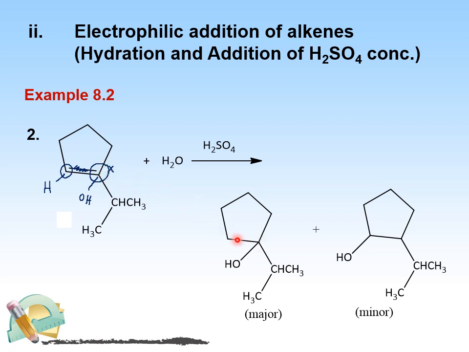And we remove the double bond. The minor product is when OH is attached to the carbon that has hydrogen. And the hydrogen from sulfuric acid will be attached to the carbon which has no hydrogen at the beginning.